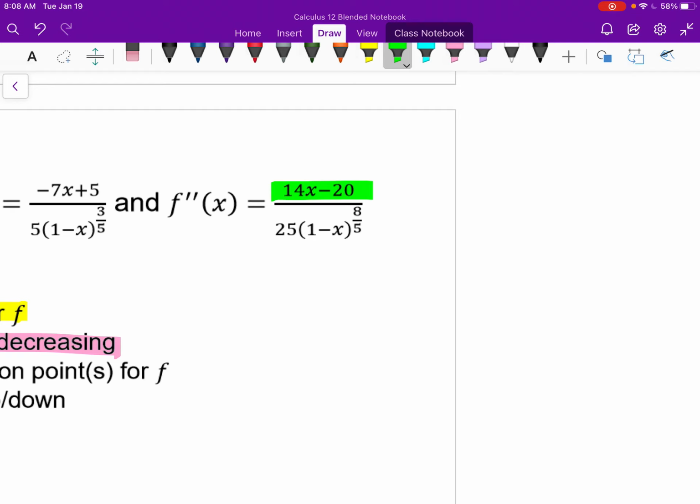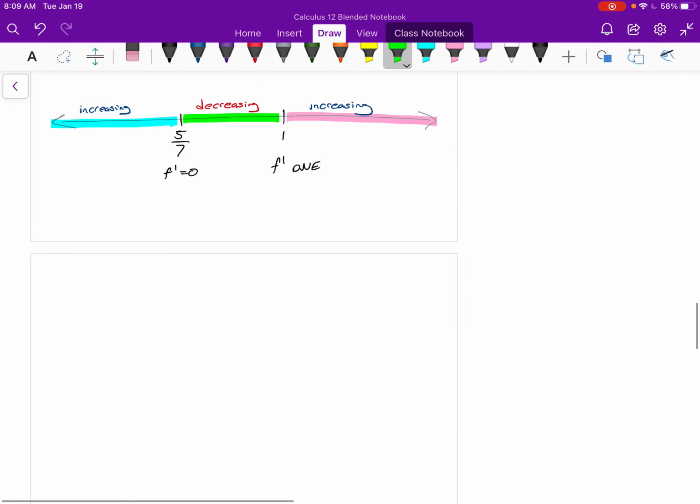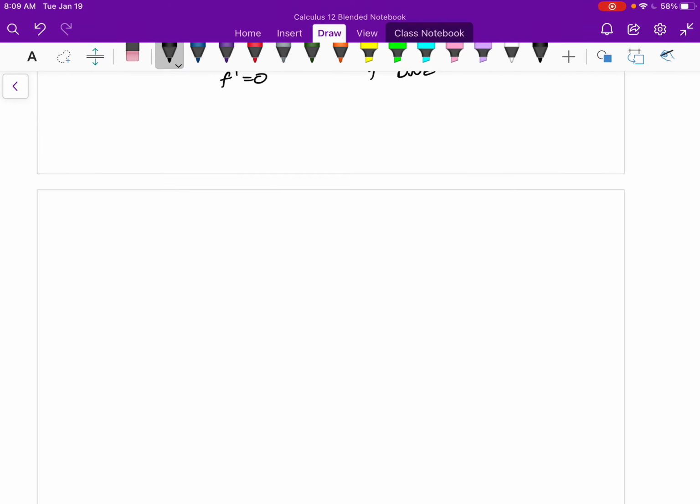And that'll only equal 0 at 20/14. 20 divided by 14, or 10/7. So there's one inflection point. So I'll write that down. So 1 inflection point. That's when f double prime equals 0. And that's when x equals 10/7.